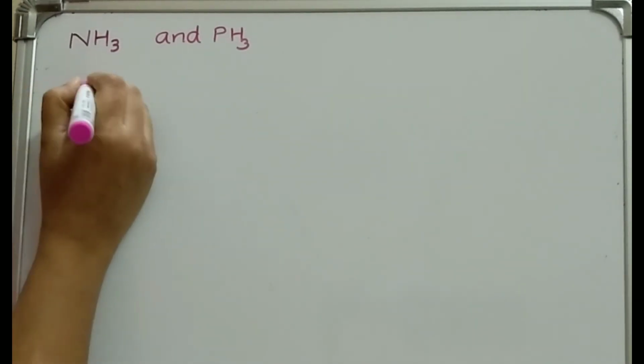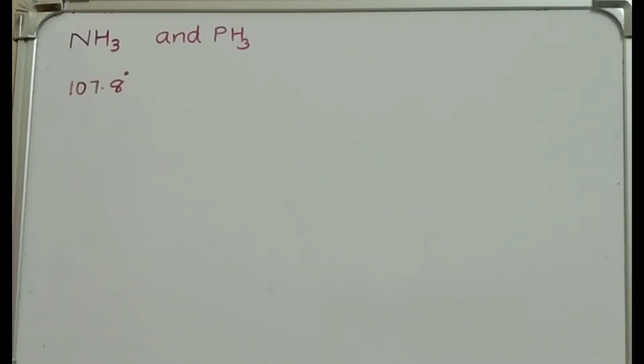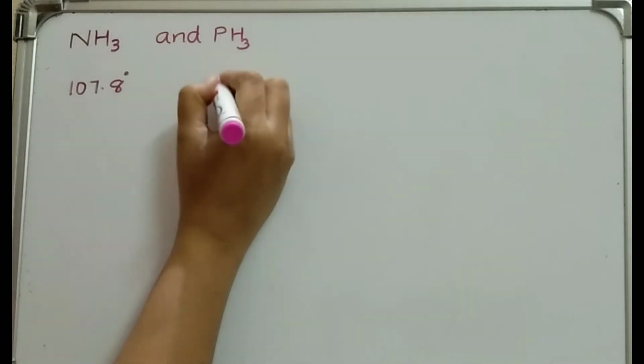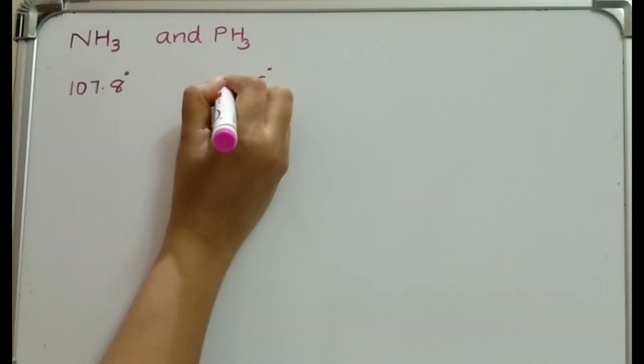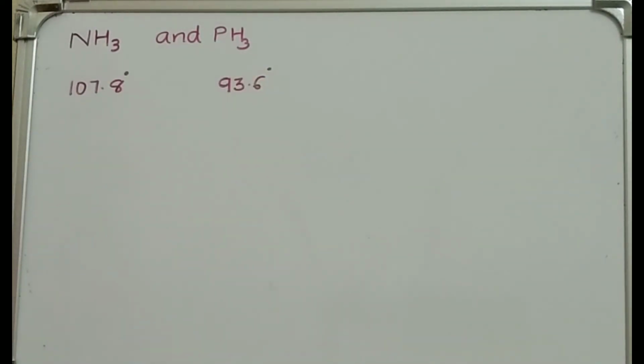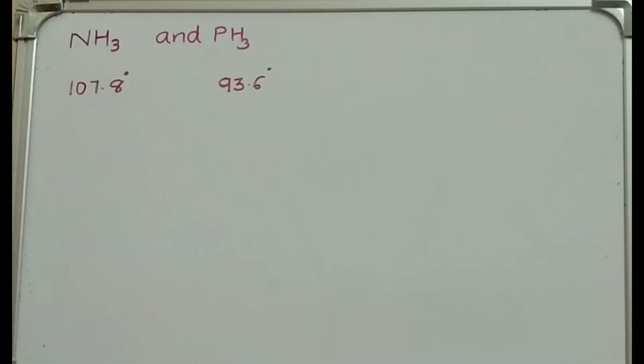The angle is 107.8 degree in NH3. But in PH3 phosphine, the angle is 93.6 degree. Okay. Now why is the bond angle in PH3 less than ammonia? That is my question. So what is the reason?